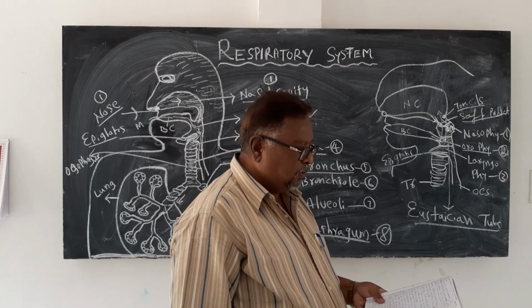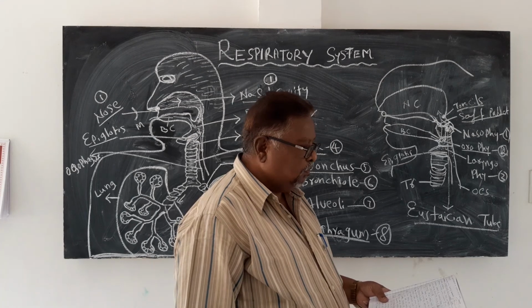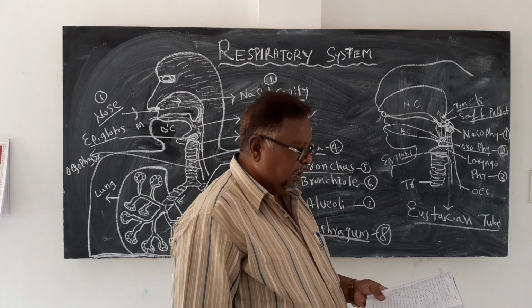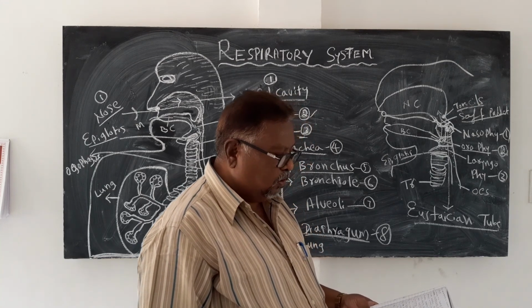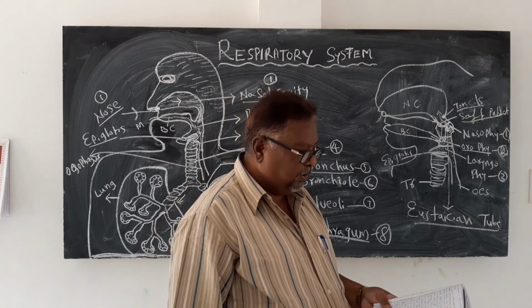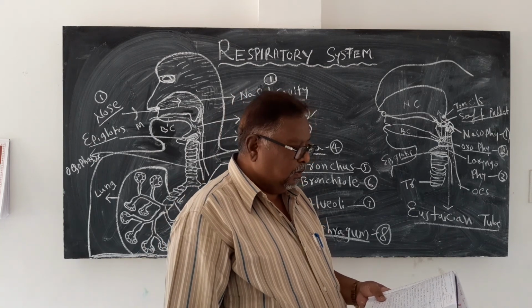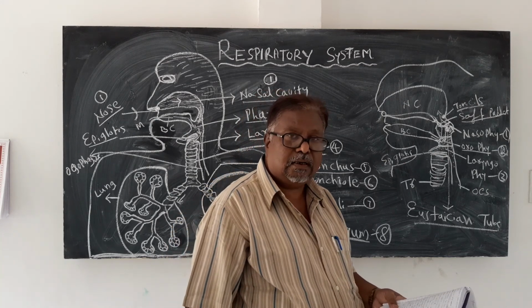The oropharynx contains two sets of tonsils: palatine tonsils located laterally in the wall of the oropharynx, and lingual tonsils located at the base of the tongue. Why am I pointing out the tonsils here?